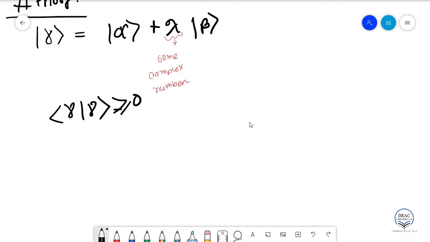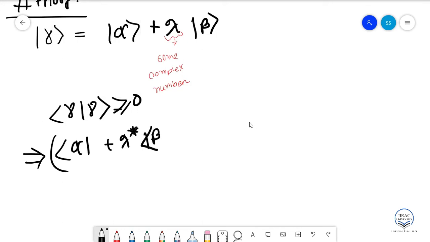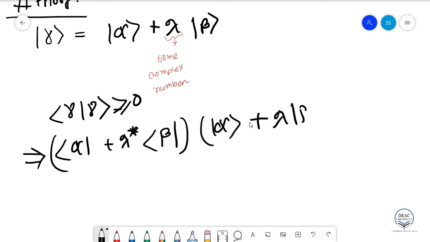So let's use this. If we do that, we will have the bra part, alpha plus lambda star beta, and for the ket part, that will be just alpha plus lambda beta, and this is equal or greater than 0.